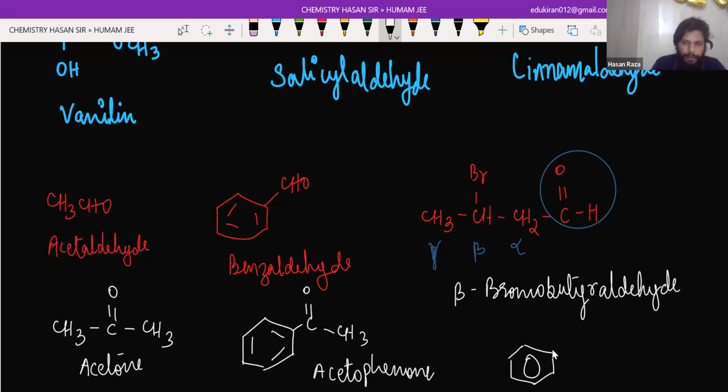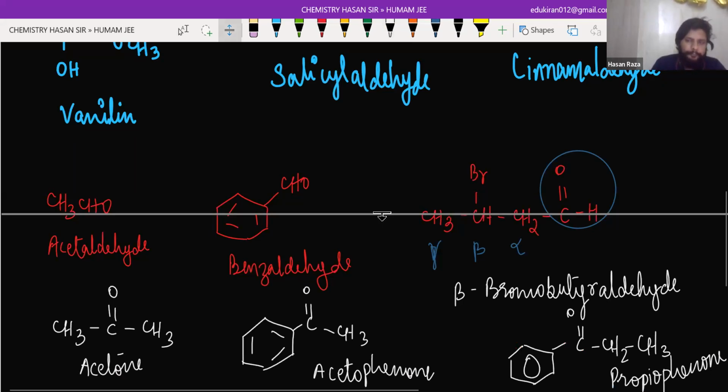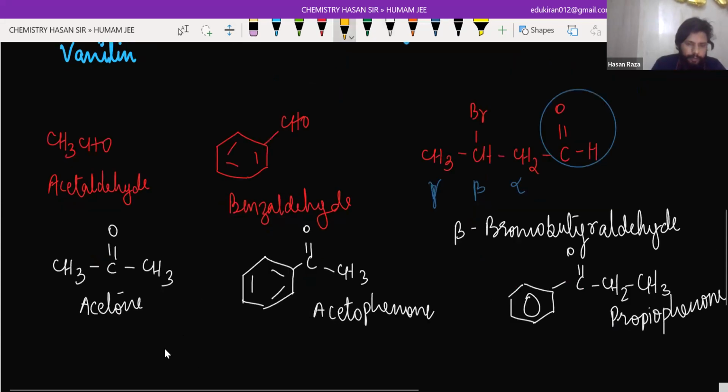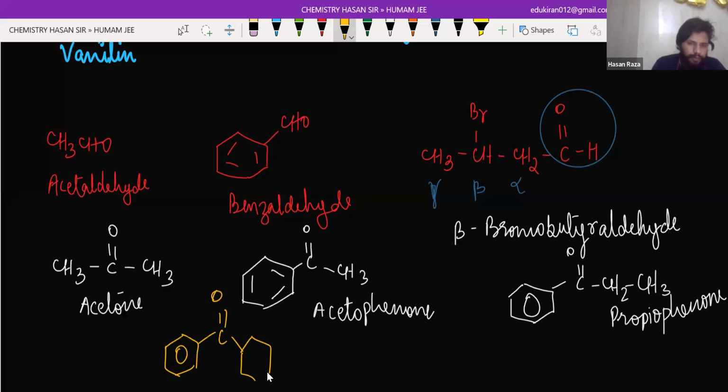This is your benzene, C double bond O CH2 CH3. Its common name is propiophenone. In the last we can write benzophenone. This is your benzene, and this is also your benzene, so it will be benzophenone.